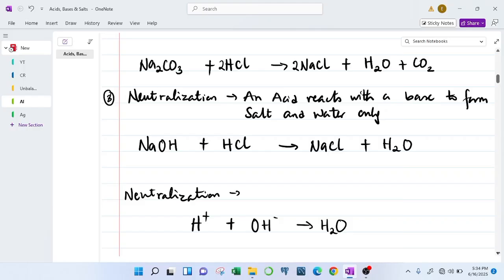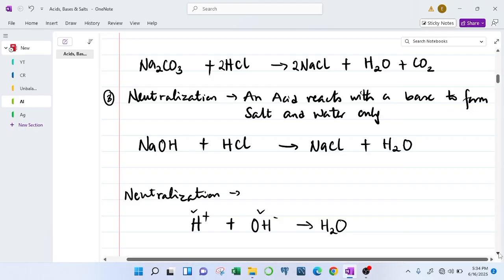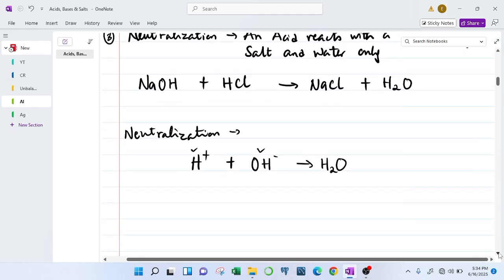Neutralized. You can see this was an ion, this was an ion, now they are neutral. Neutral, neutralized. So that is neutralization. And you can see that's exactly what's going on here.